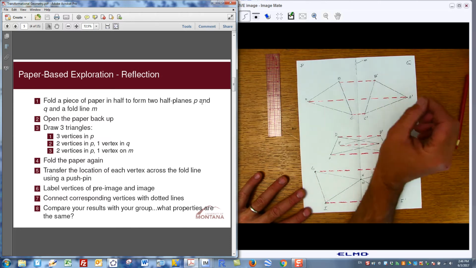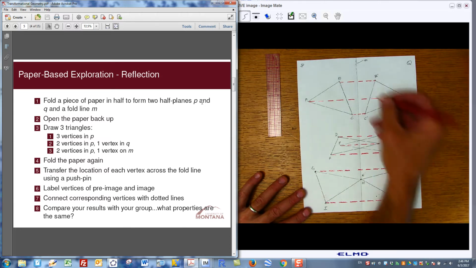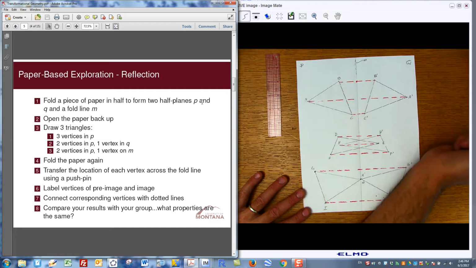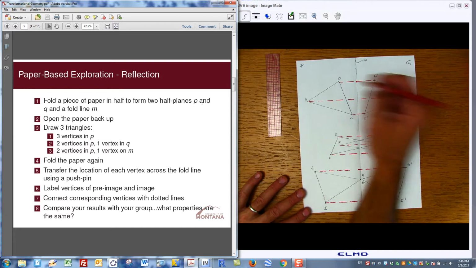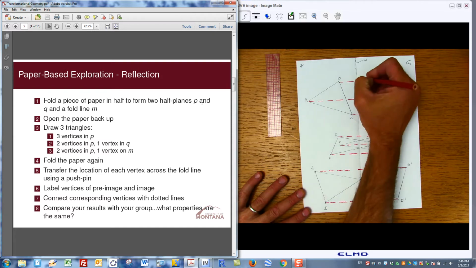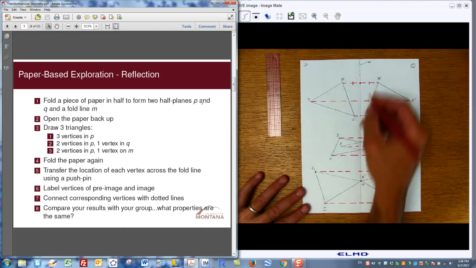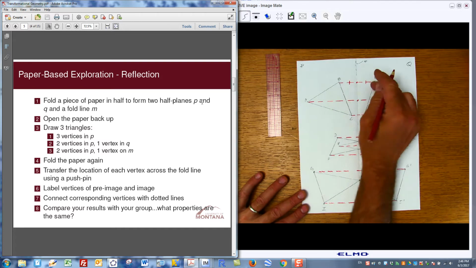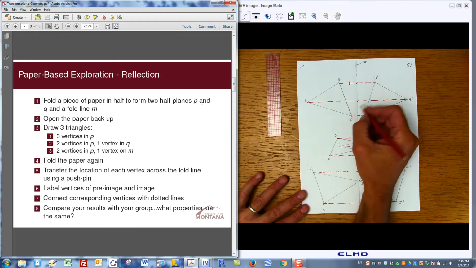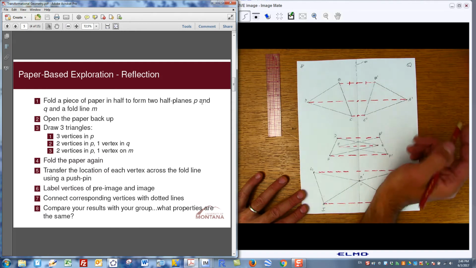Usually they notice distance first. So in other words, what they'll say is, if this is the point here that's on this line in between B and B prime, then this distance and this distance will be the same as one another. This distance and this distance will be the same, and this distance and this distance.